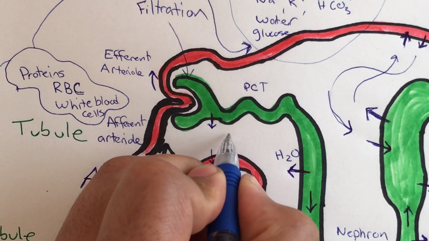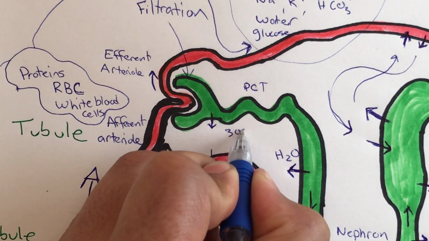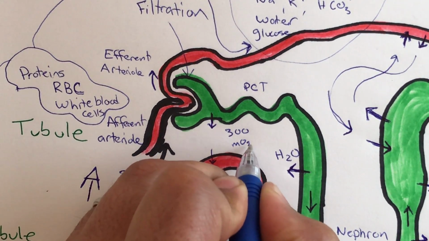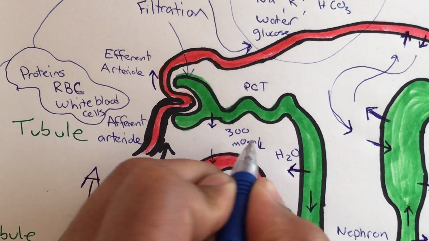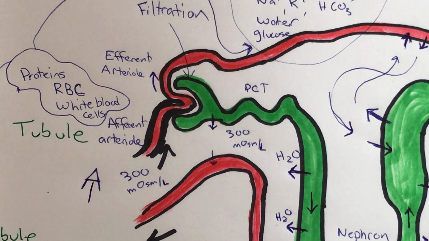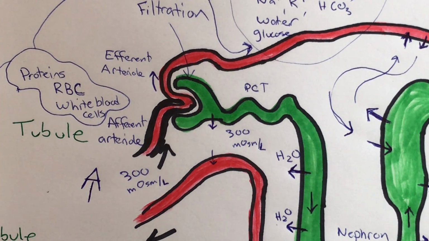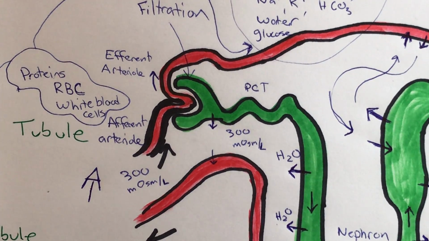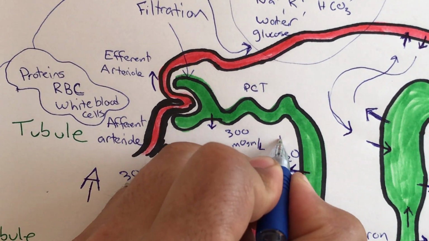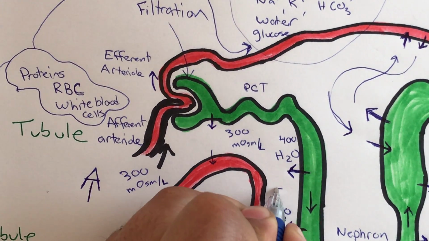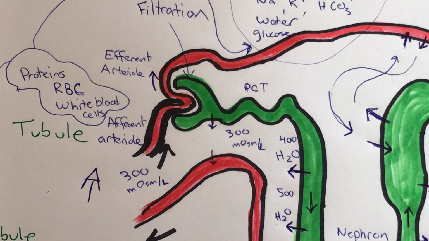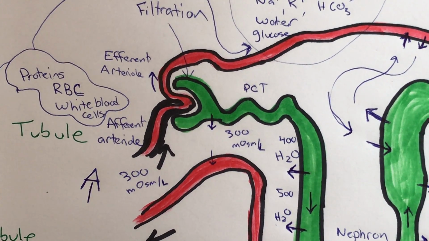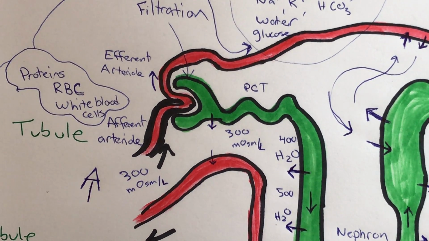And in the PCT, it's also 300 milliosmoles per liter. However, what we find out is that this number begins to increase: 300, 400, 500, all the way up to 1200 milliosmoles per liter.